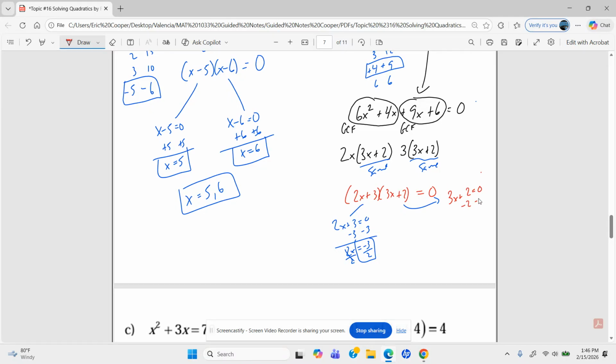So we'll minus the 2 and divide by 3, and we get negative 2/3. So now we have two answers again. One of the answers is negative 3 over 2, and the other one is negative 2 over 3. Both of these would be included as part of our answer.